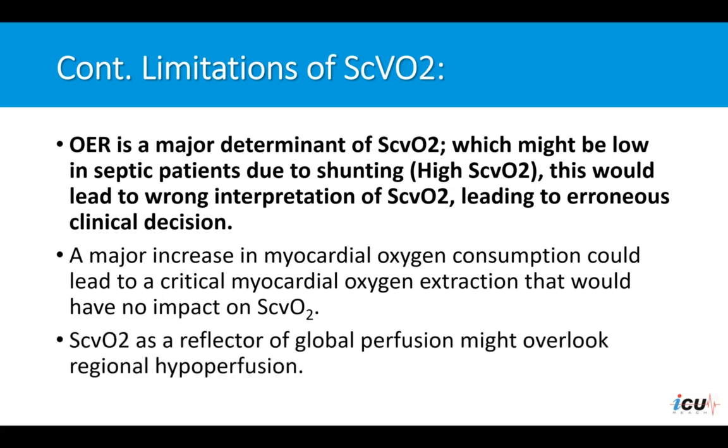In other words, the central venous oxygen saturation is a reflector of global perfusion, number one, and you may have a regional hypoperfusion that you may not be able to detect. And as I stated before, it depends on whether you're able to measure the blood coming from the coronary sinus or not.